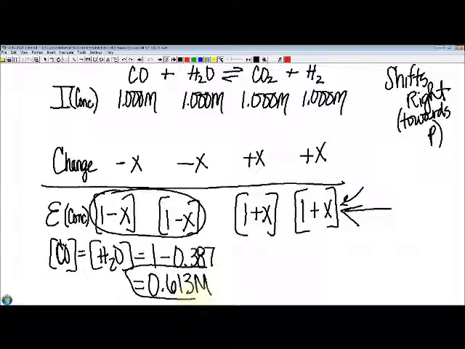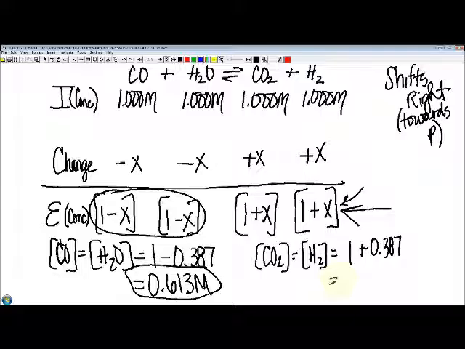And for the products, both the products will equal each other. So in this case, we add 1 to our x. So we get 1.387 molar.